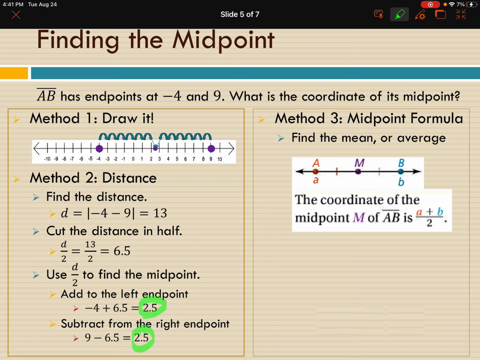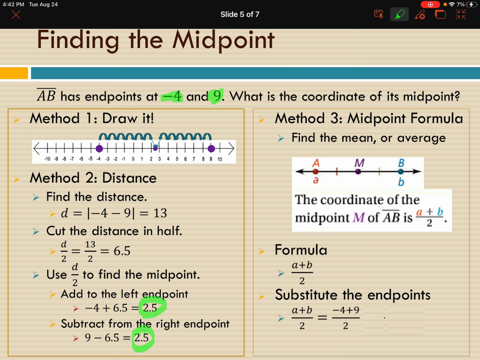Okay, the formula itself is a plus b divided by 2. So in this case, our a and b are -4 and +9. So when we add, we're going to substitute those in and say that's -4 plus 9 divided by 2. Y'all, that's 5/2, which is 2.5. And isn't that so much easier than those other two methods? All right, so don't make it more complicated than it has to be. Just find the average of the two numbers.